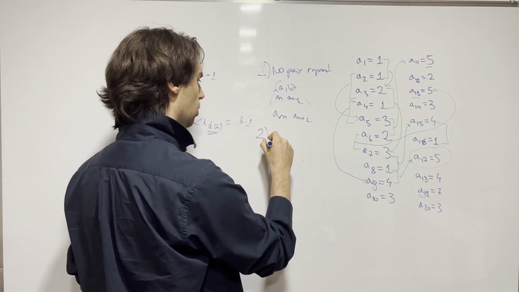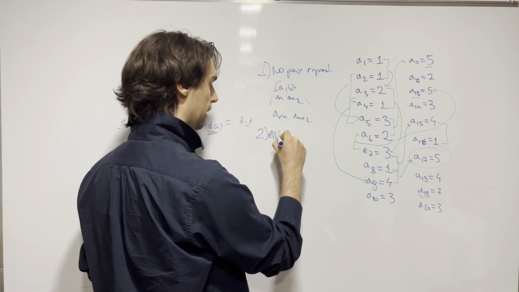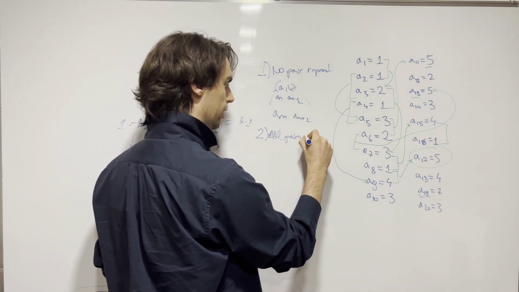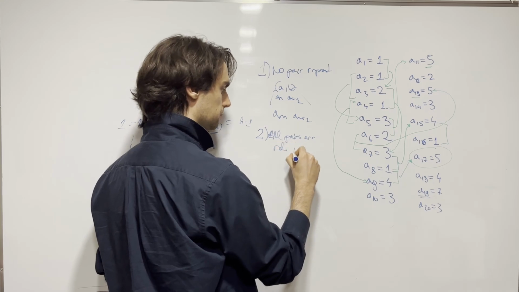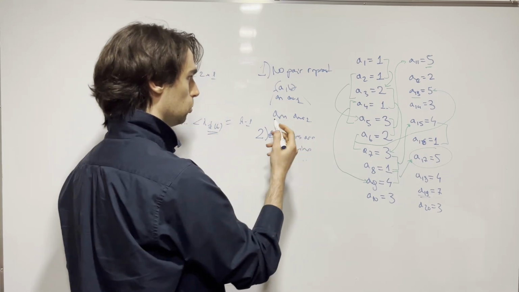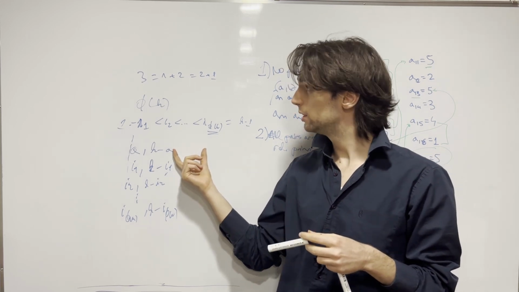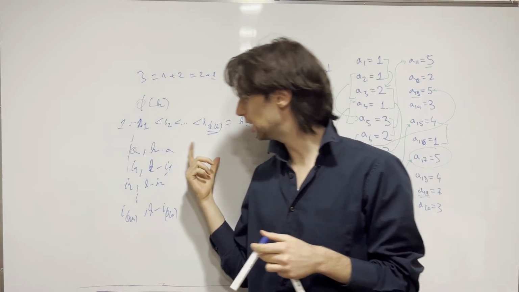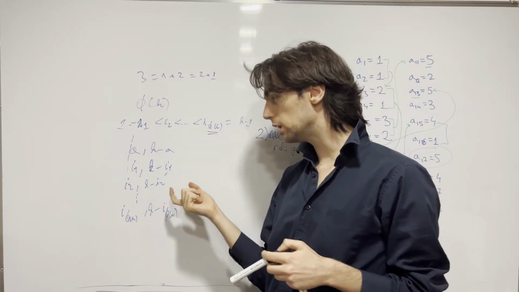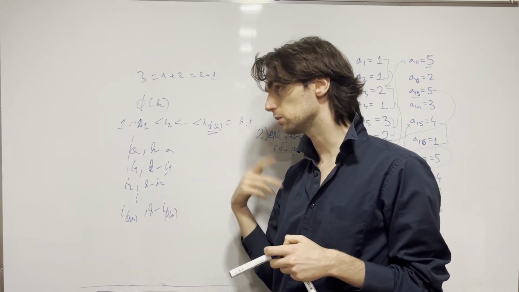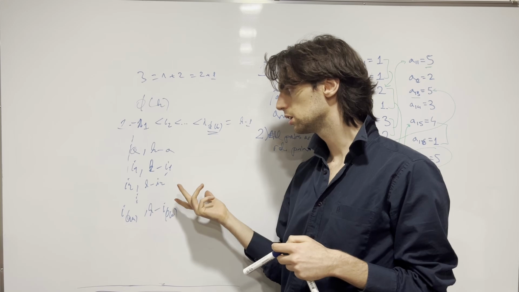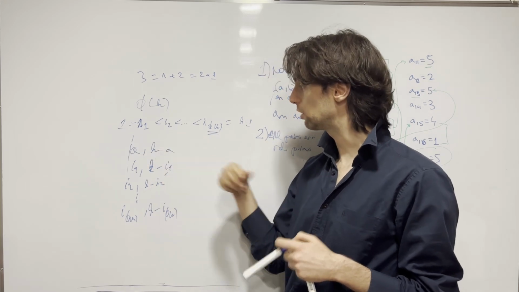Another thing we need to show is that all the pairs are relatively prime. And if we show that every single pair is relatively prime, then we need to show that all these pairs actually come up.